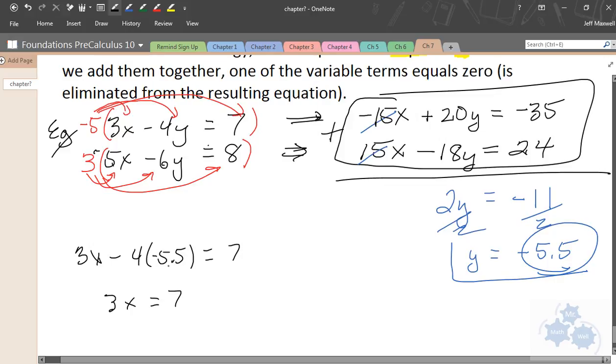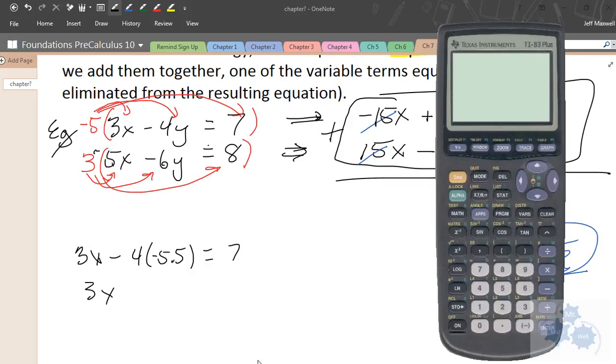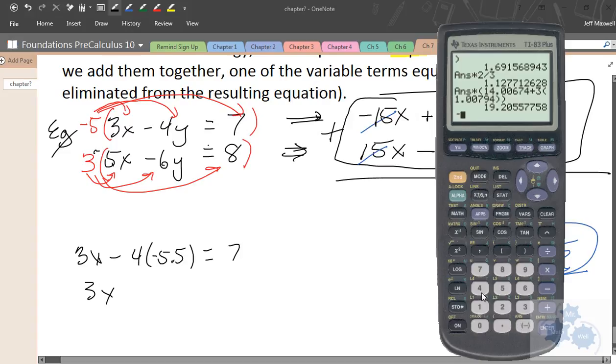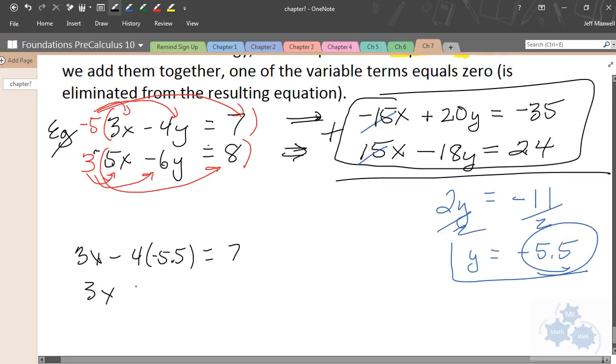Let me show you one more step in between so you can see what I'm doing. 3x, and negative 4 times negative 5.5 is going to be what? Minus 4 times the negative 5.5 is going to be plus 22. Everyone see that? The minus and the minus multiplied equals 7.